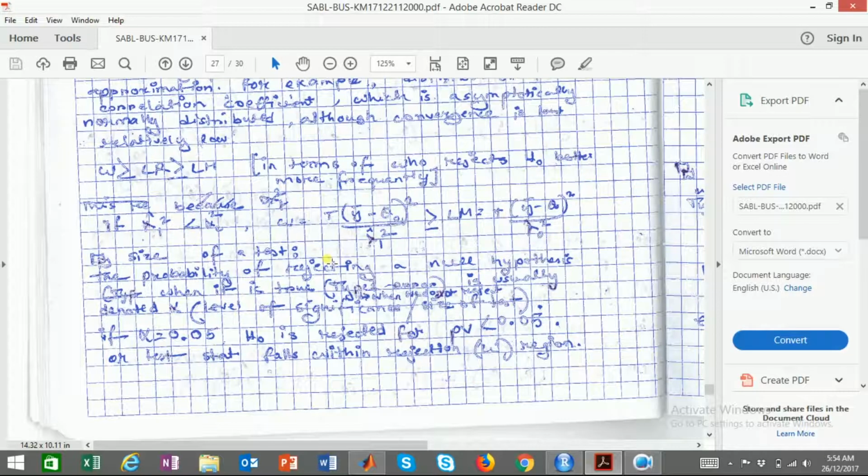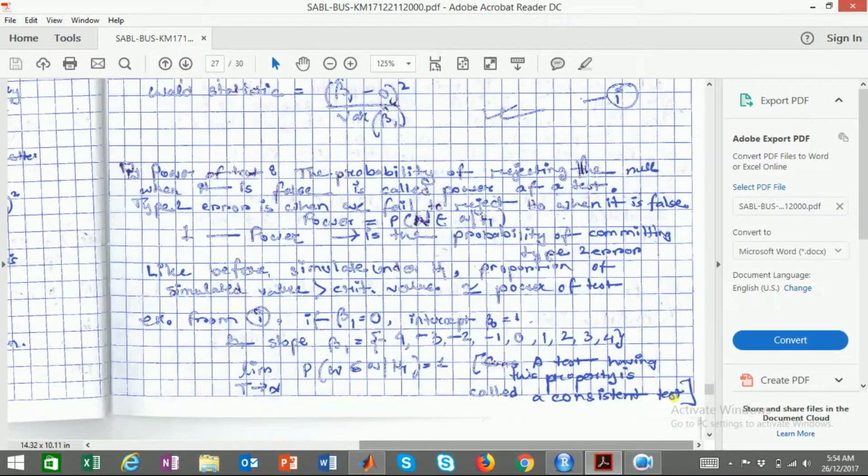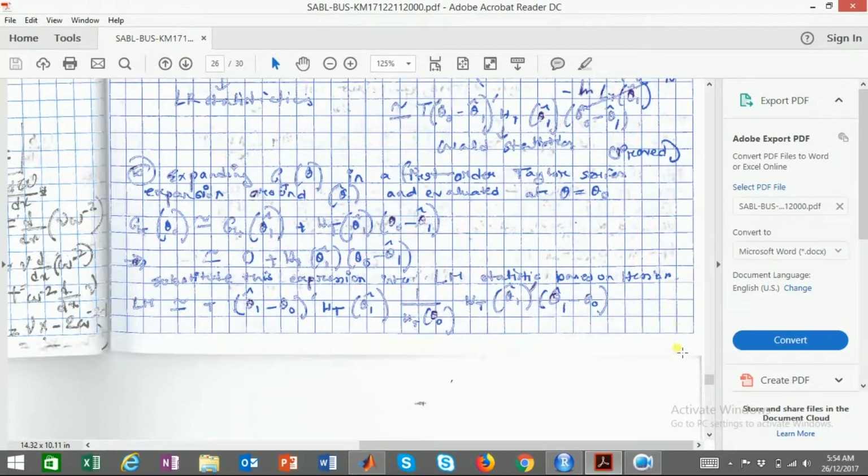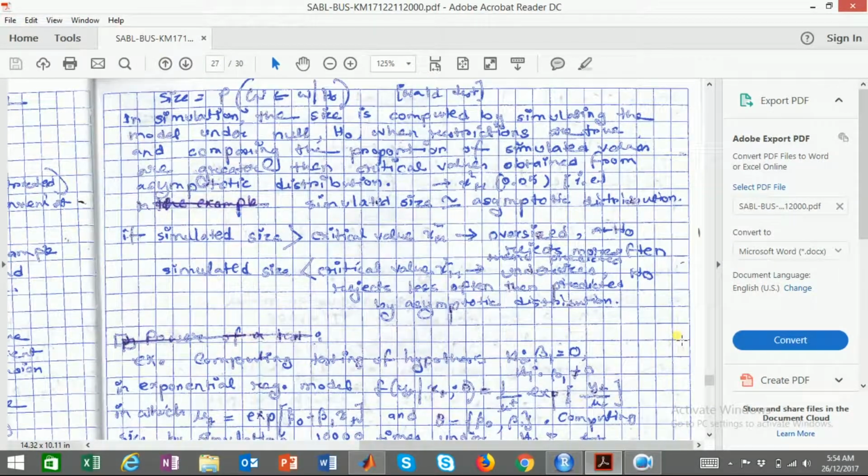If alpha is 0.05, the null is rejected when the probability value is less than 0.05, or the test statistic falls within the rejection region. Rejecting the null when we should not reject it is a type 1 error. Size equals the probability of rejecting under the Wald test.